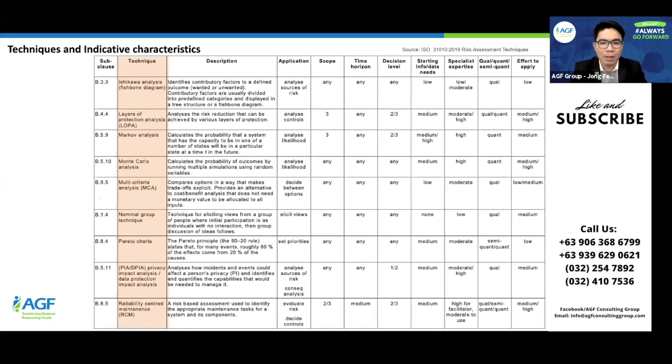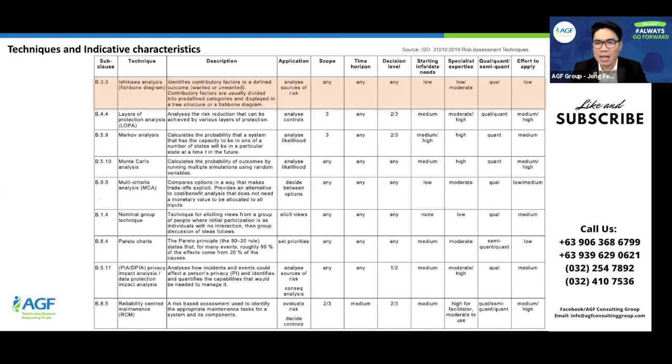All right. Now, as usual, let me highlight some of the things here that we commonly use in our organization. Of course, Ishikawa. You use your Ishikawa analysis or fishbone diagram, which identifies contributory factors to a defined outcome. We're using that. And look at that. When can we use the Ishikawa diagram? Look at the scope. You can use it at any level of your organization, whether process-related, departmental level, or enterprise-wide.